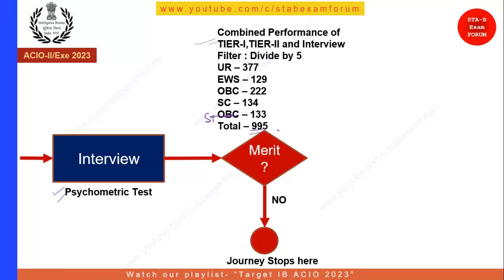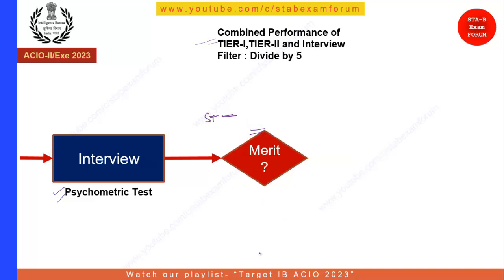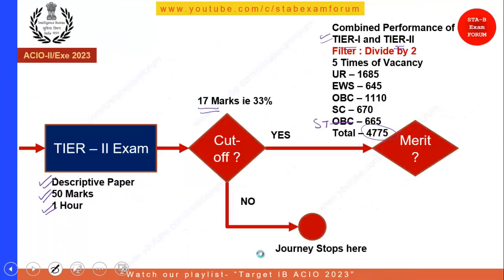So if you do not come under this 995 merit list, your journey stops here, otherwise you have reached your destination. So there are 3 levels, student. Based on every merit you should crack this exam.